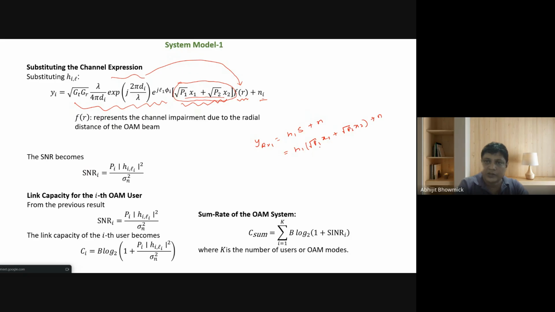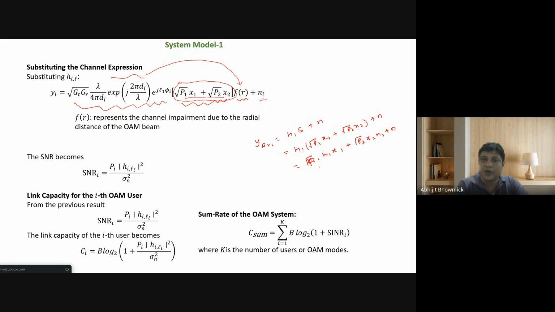So my received signal is square root of P1 H1 X1 plus square root of P2 X2 H1 plus noise.